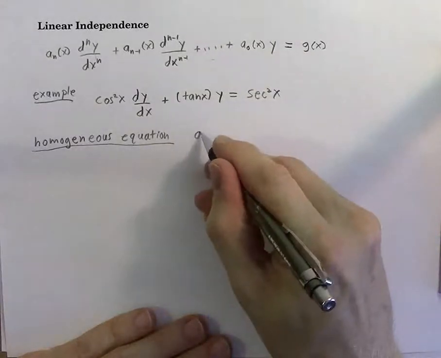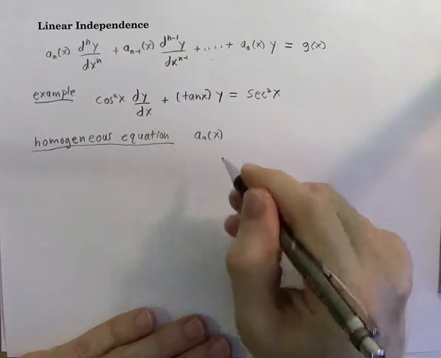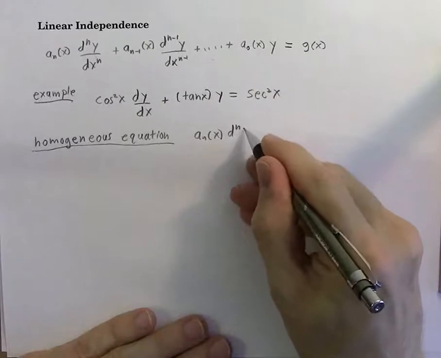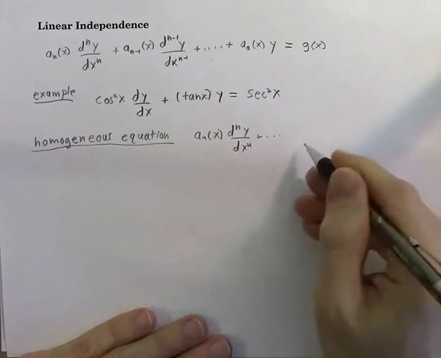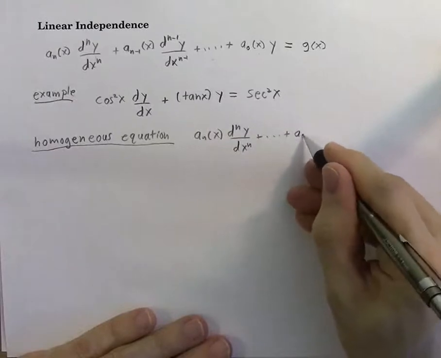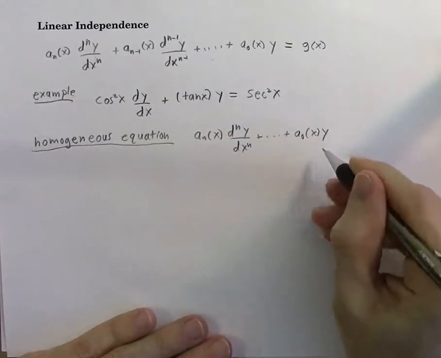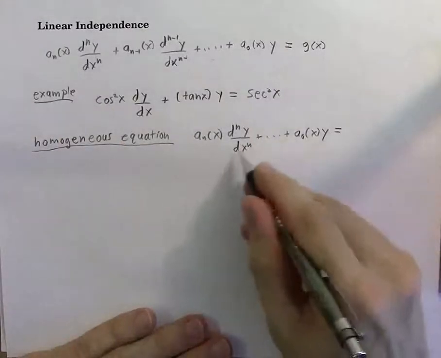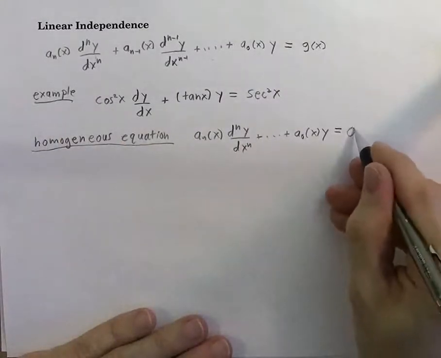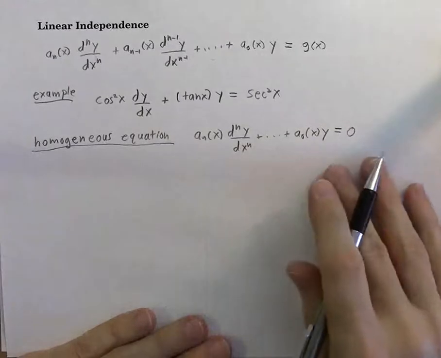So we could have an a sub n of x times the nth derivative of y plus all the lower order derivatives down to our a sub 0 of x times y. So all of this stays the same. But when we add up these derivatives, they add up to 0. And that's the homogeneous case.